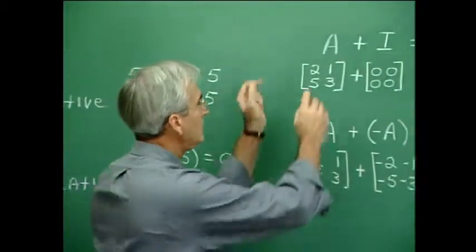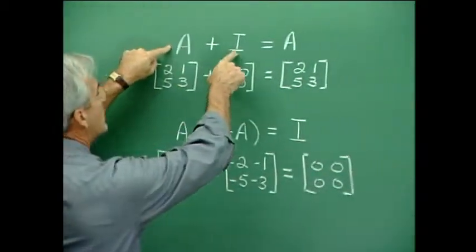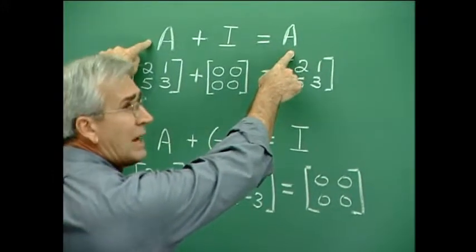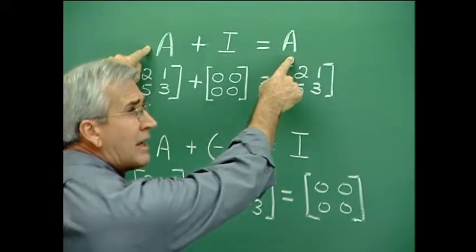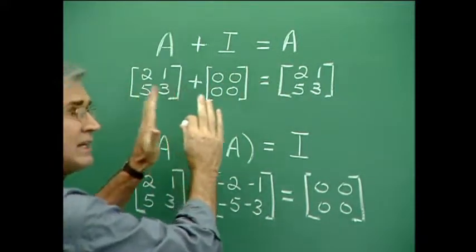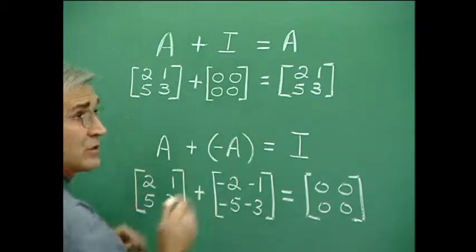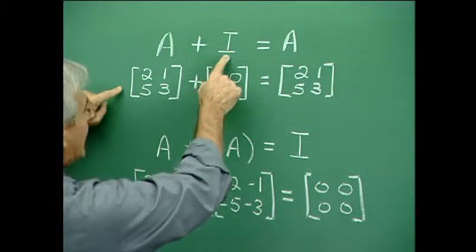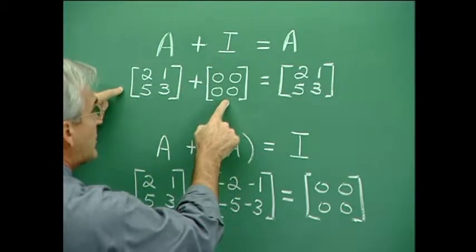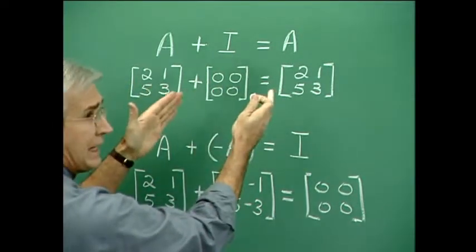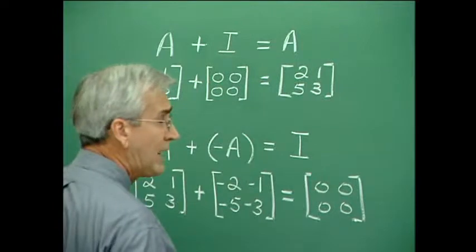Consider matrix A plus an identity matrix giving us the matrix A. So the idea of an additive identity element is maintaining the identity of the matrix we started with. Well, the additive identity matrix would be a matrix consisting of just zeros, because when we add these two, we add corresponding entries and we get the matrix we started with.